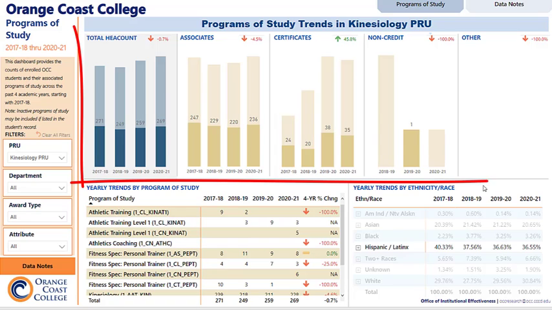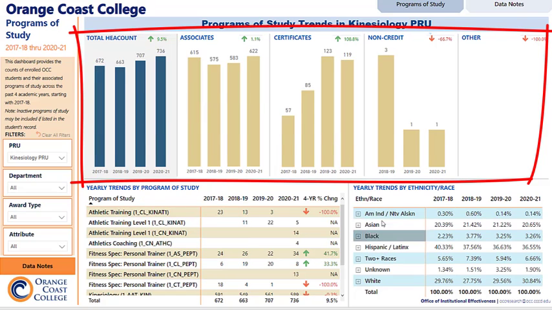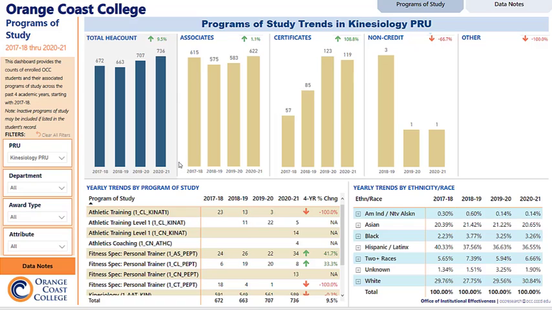As we take a step back, we can see the overarching trends as we have seen before of which programs of study students are enrolled in and what the trends might be looking forward through each next academic year.